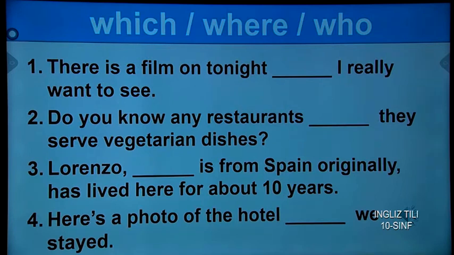Again, I have activity about the relative pronouns. Please open your notebook, write down activity about relative pronouns and put phone numbers. You should fill in gaps with which, where, and who. I give you 20 seconds.